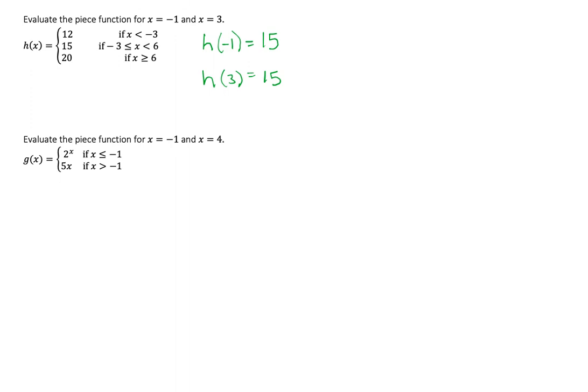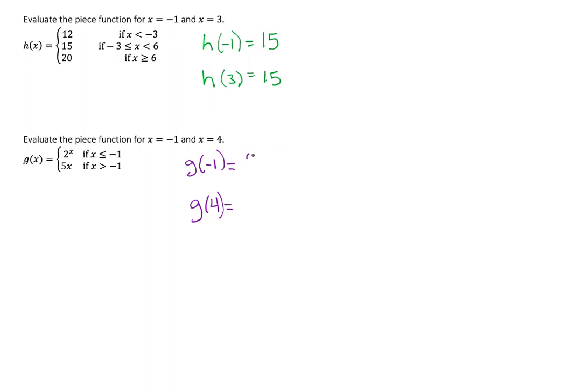Let's look at the next one. We're going to evaluate this for g of -1 and g of 4. So -1 happens to fit into the first section because x is less than or equal to -1. So I'm going to use 2 to the power of x.